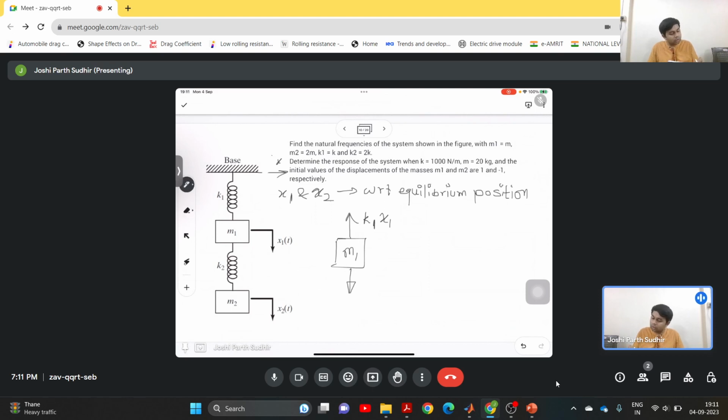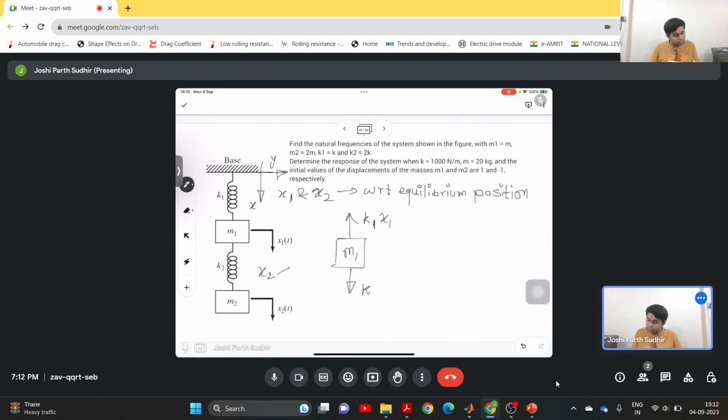In our coordinate system, let us define the x-axis as vertically downward, which is positive.